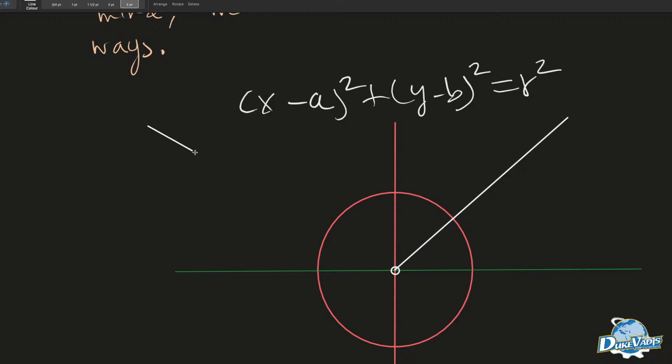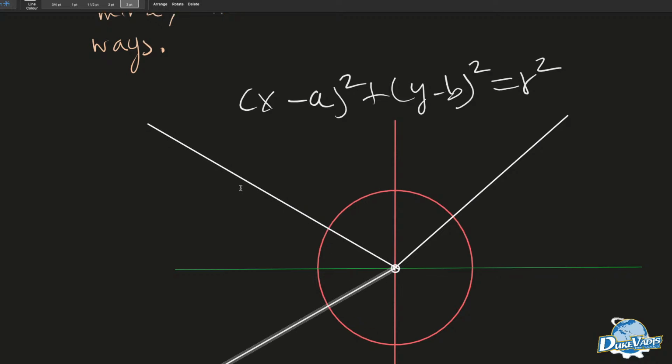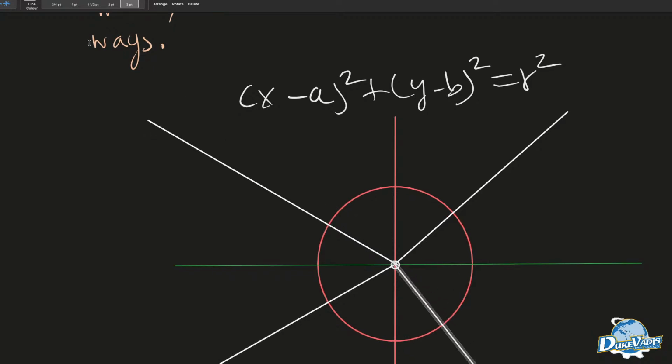In the same way, if I draw a line through here, that would be a radius. Likewise, when I draw a line through here, this will be a radius, and I draw another line to the center of the circle.